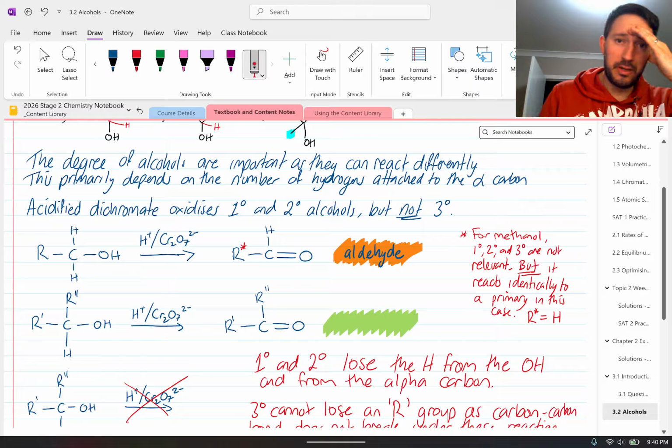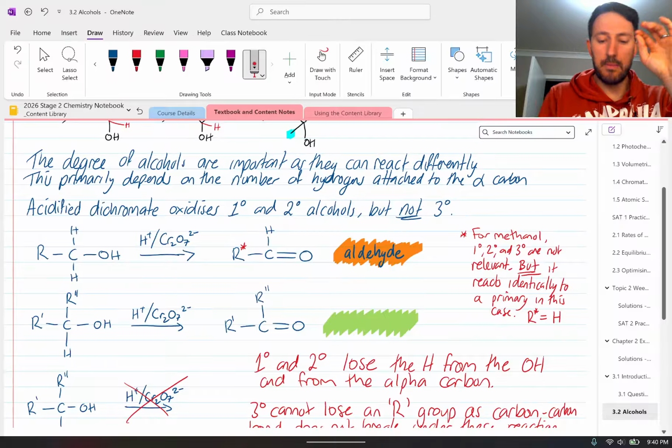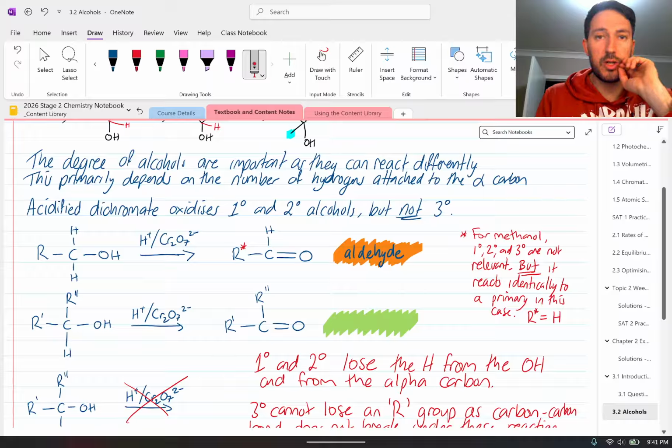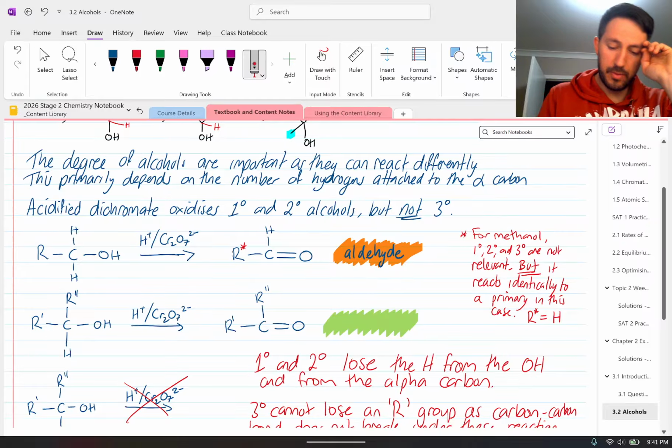It's not primary, but either way, it will still react the same way because we have lots of carbon hydrogen bonds we can remove to do this reaction. So you'll still get an aldehyde. This is the very smallest type of aldehyde if we have methanol as our reactant.